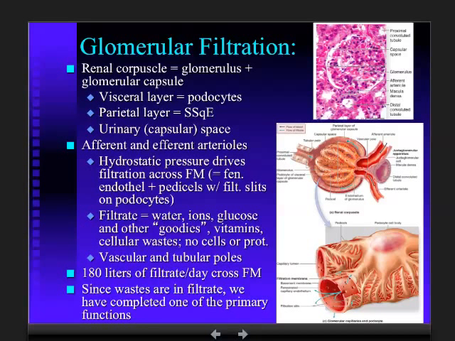Let's put it to work. Under conditions of overhydration, the loop of Henle creates the potential to excrete a large volume of dilute urine. Guess what? If I take this 100 here and I allow it to traverse through the distal tubule and I don't change it in any way, and I allow it to drain into the collecting duct, and I don't change it in any way, what am I going to excrete? Dilute urine.